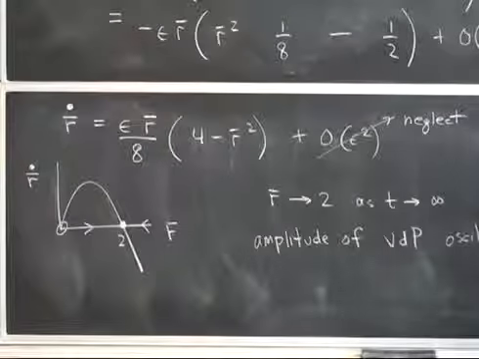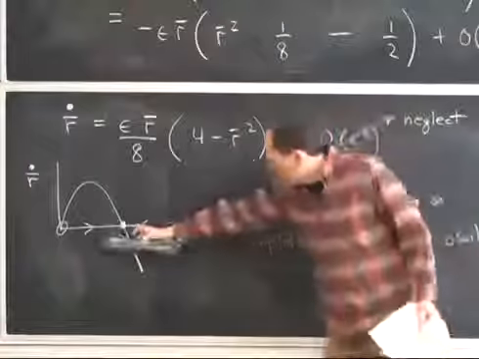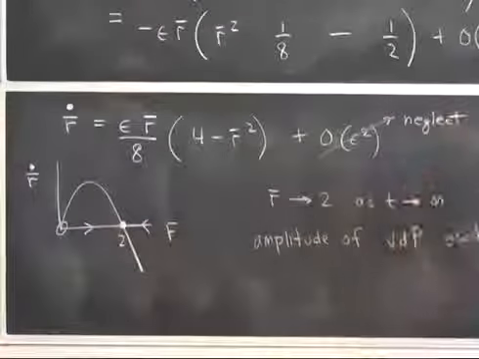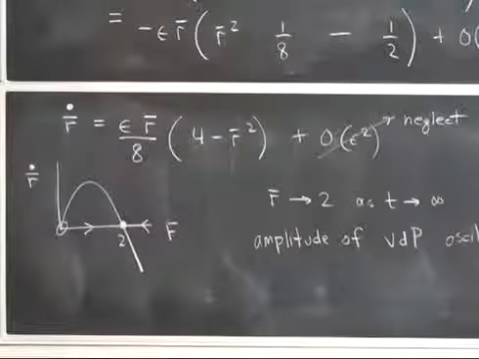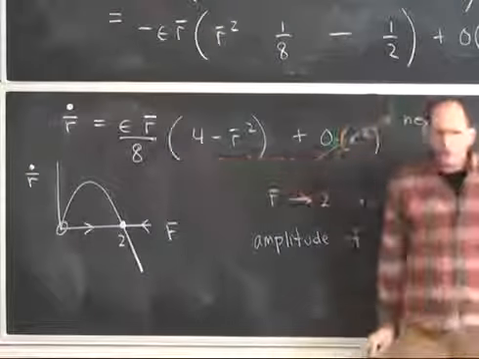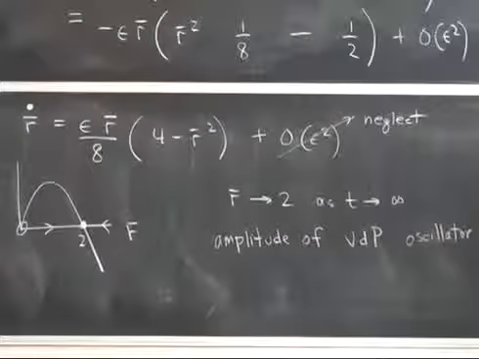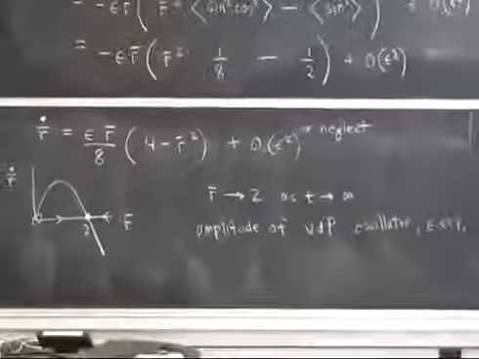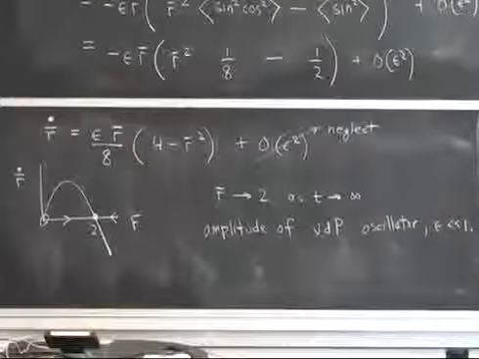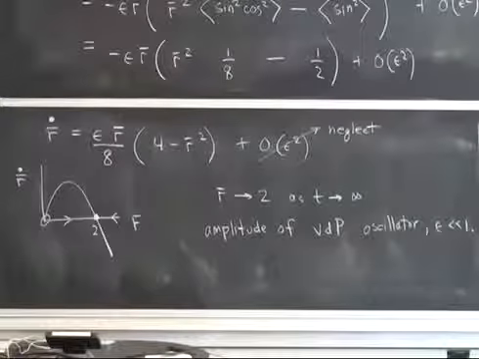But what's really good about this method is we can say much more than this. That is, we don't just have to say that the long-term behavior is to go to an oscillation of amplitude 2. We have the whole time evolution in this differential equation. So if we feel like solving it explicitly, which we could, it's not that hard, we can see in a lot of detail how the amplitude builds up or decays to 2.